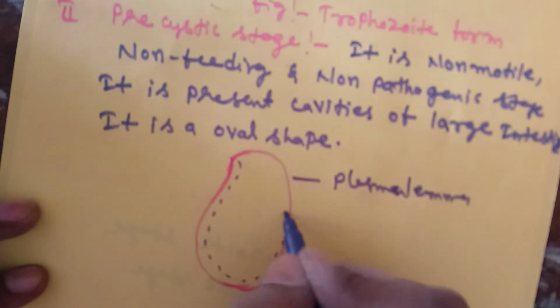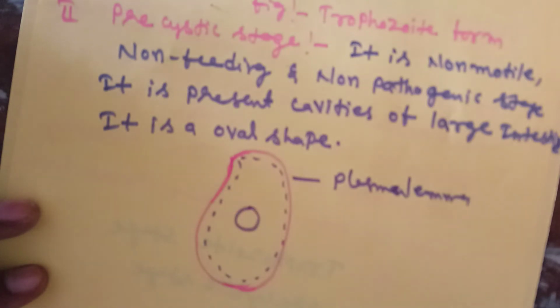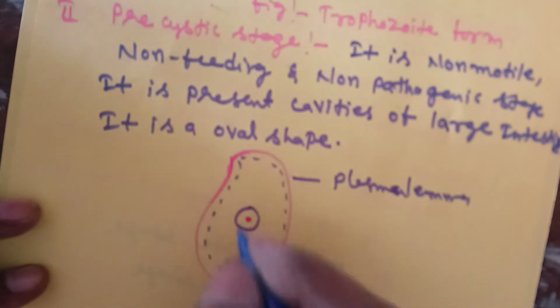The outer part is called ectoplasm and the inner part endoplasm. Here the nucleus is present, with a nuclear membrane. A cartwheel type of nucleus is present too.